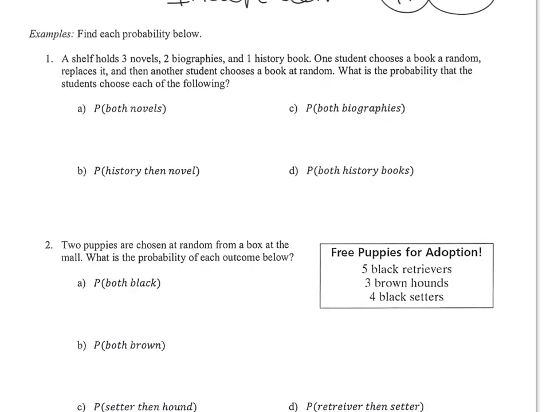Examples down here. A shelf holds 3 novels, 2 biographies, and 1 history book. What is the probability, oops, I'm going to make B for biography. What is the probability they're both novels, but it replaces it?